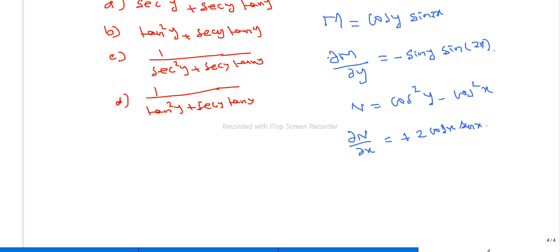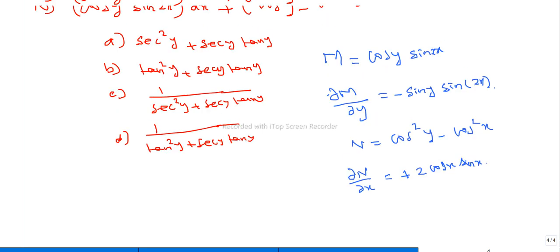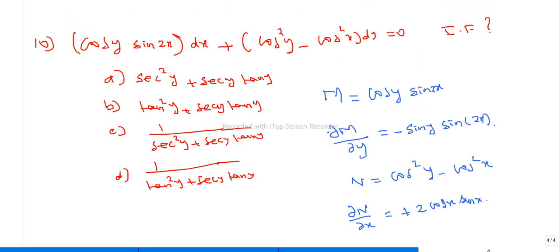Anyway, this is not homogeneous. This we can write as f1 of xy into y, in that format.